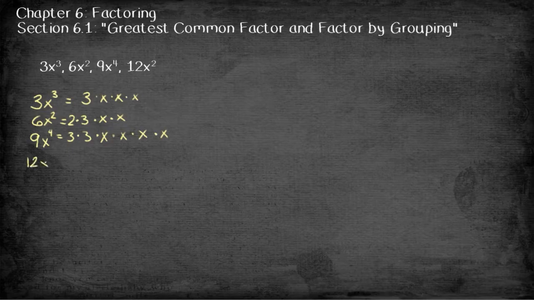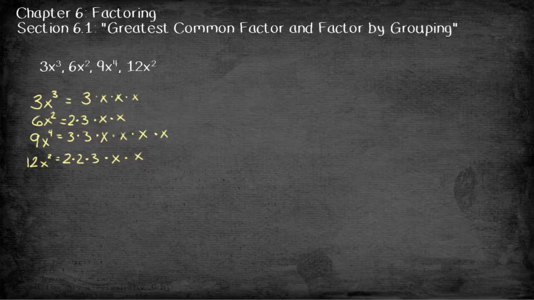And 12x squared, we have 2 times 2 times 3 times x times x. And now what I want to do is find the greatest common factor among those.